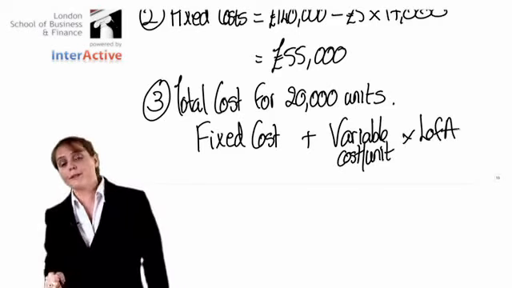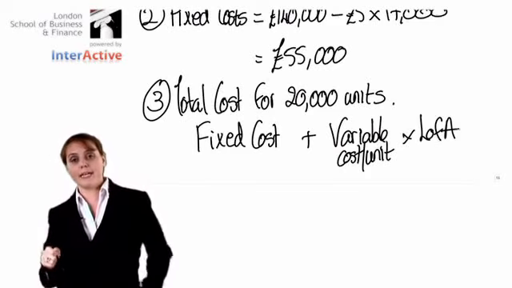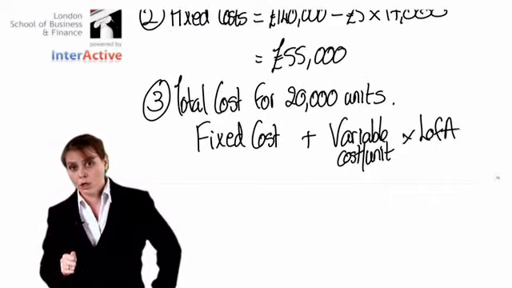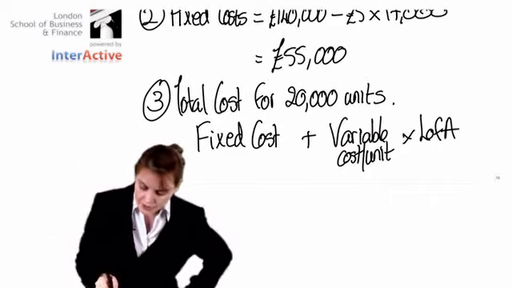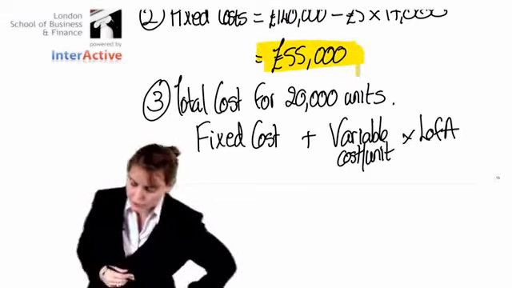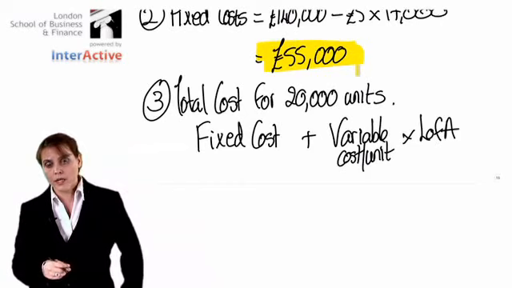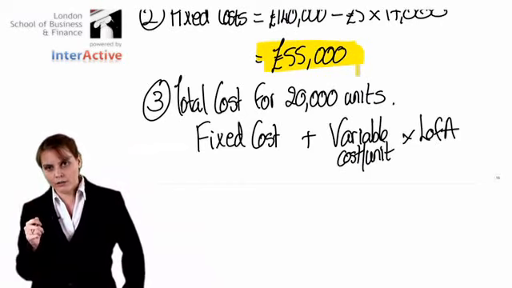So, first question, what will our fixed costs be when we produce 20,000 units? Well, we've just worked out in step 2 that our fixed costs are £55,000. But we need to be very careful.